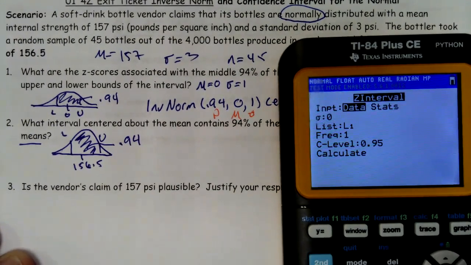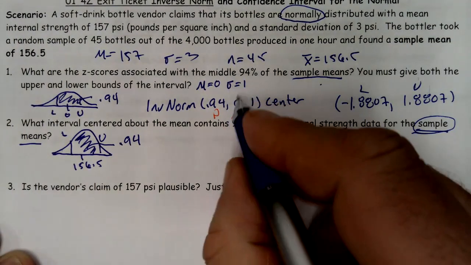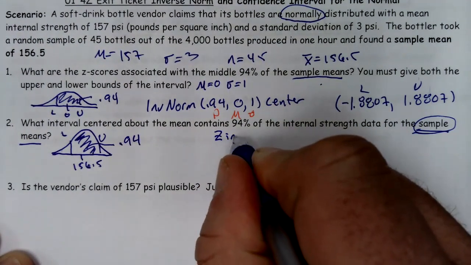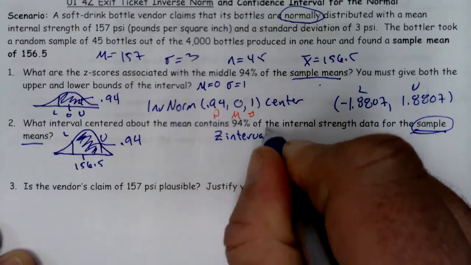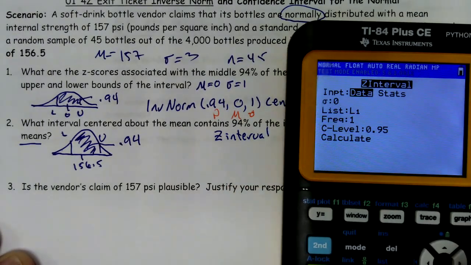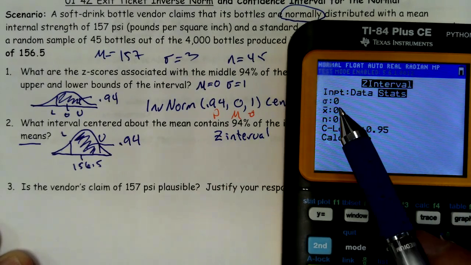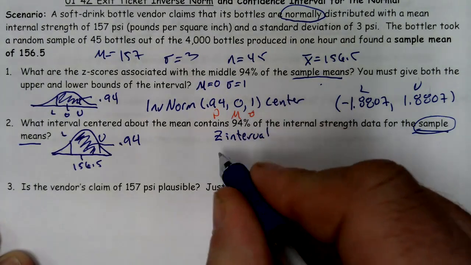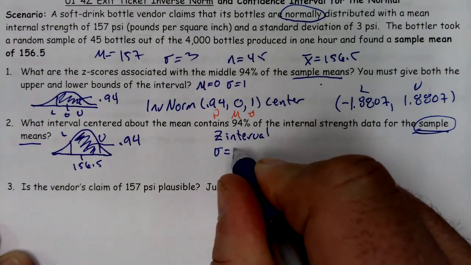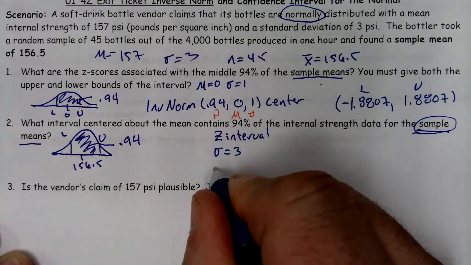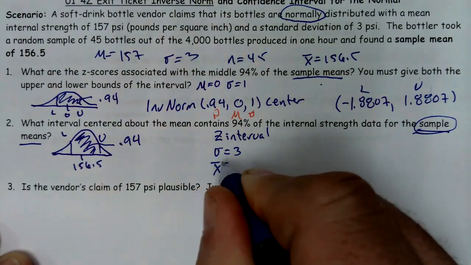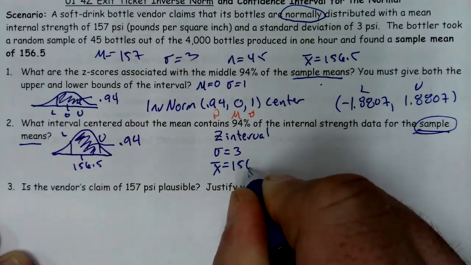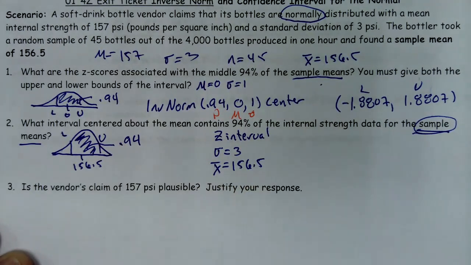So let's go to stat, arrow over to test, and drop down to z-interval and see what it asks for. So we're at number 7, stat test z-interval. Let's go ahead and write that down, z-interval. The very first thing it asked for was our standard deviation, and that's the standard deviation of the population, which is 3. The next thing it asked for is our X bar, which is 156.5.